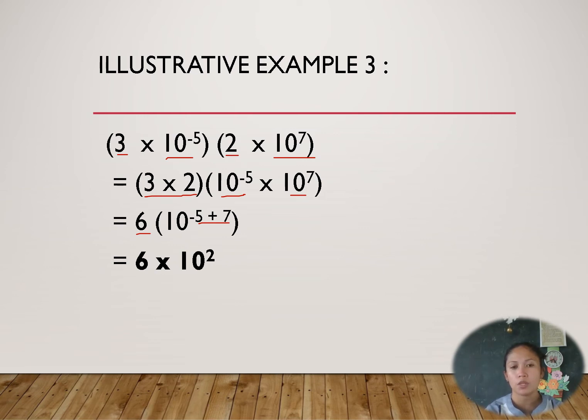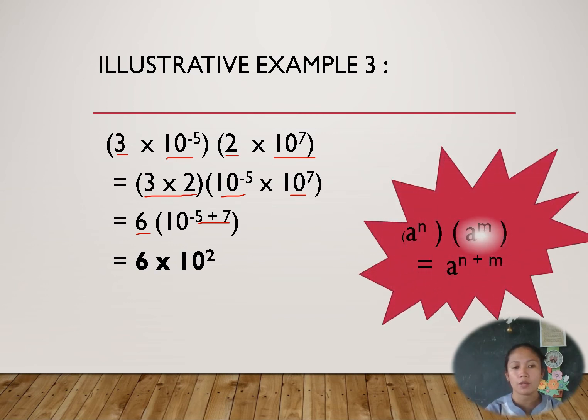Take note that when adding different signed numbers, you subtract and follow the sign of the number that is farther from 0. So which is farther from 0, 7 or negative 5? Of course, it's 7. So 7 is positive. That is why we have 2 as the answer. So we have here the final answer, 6 times 10 to the power of 2.